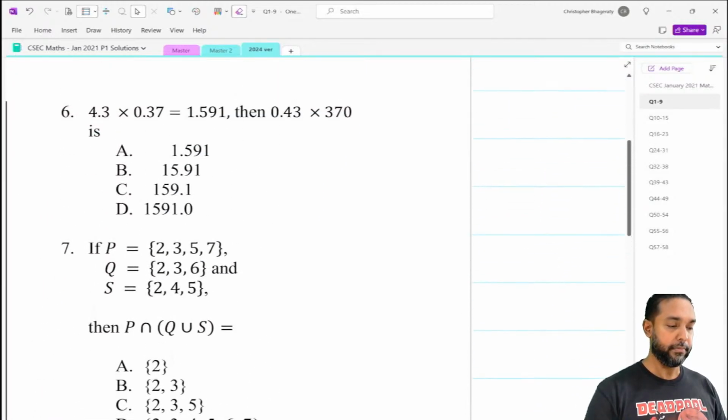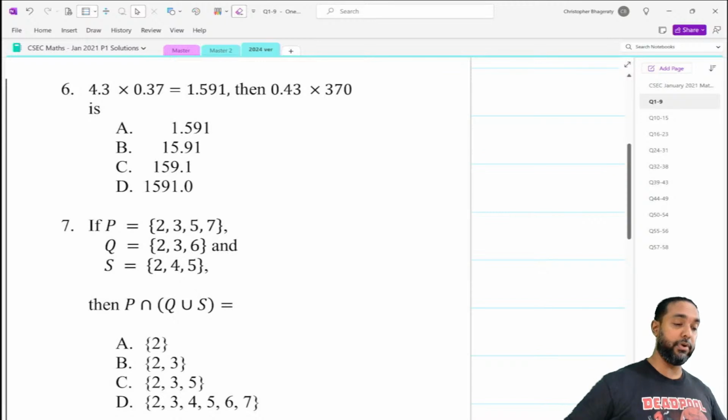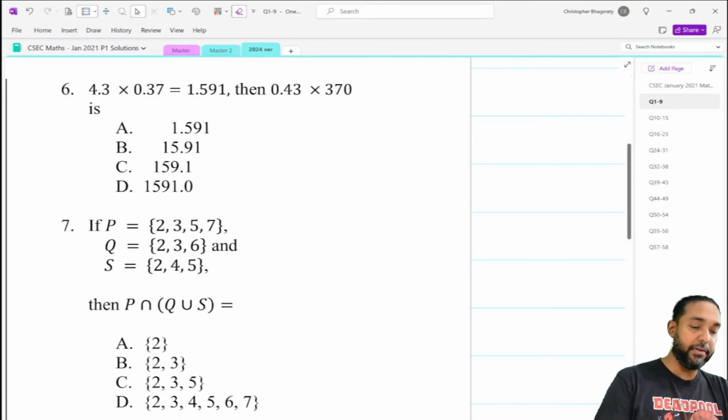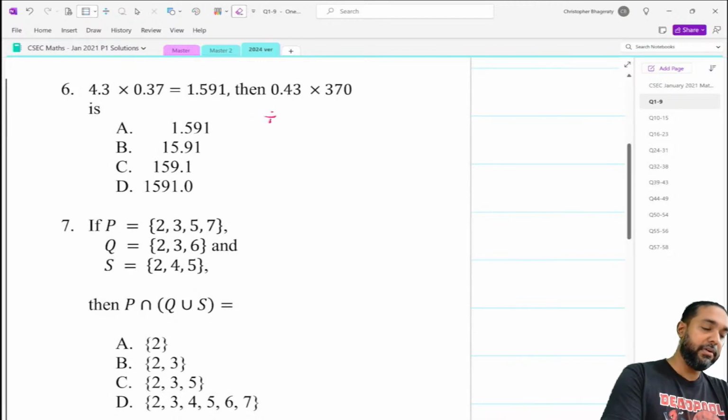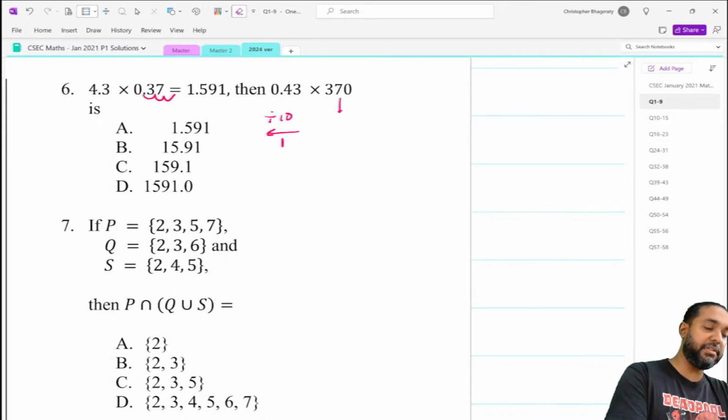Sorry about that. Okay, so 4.3 by 0.37 equals 1.591. Then 0.43 by 370. Okay, so check it. 0.43 means we divided this by 10. And that'll shift the decimal point one space to the left. But 370 means you multiply this 3 times, 1, 2, and an extra 3. So you multiply this by 1,000.